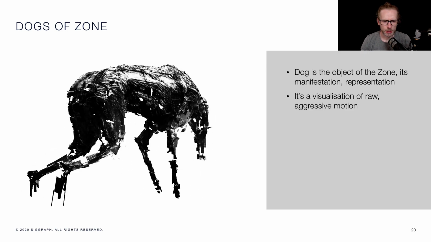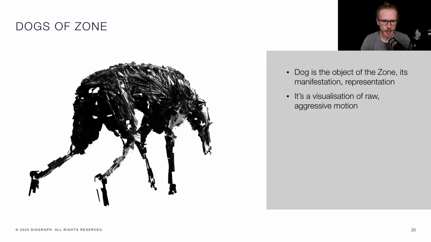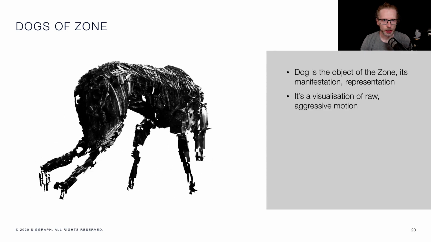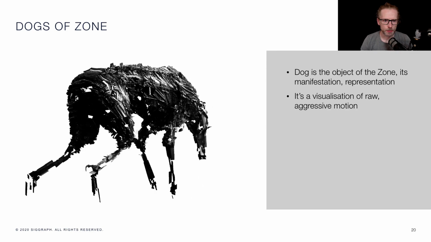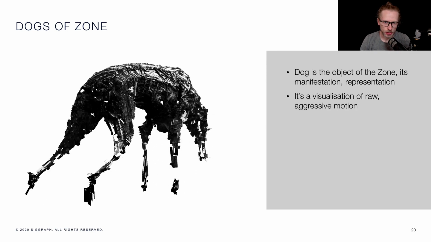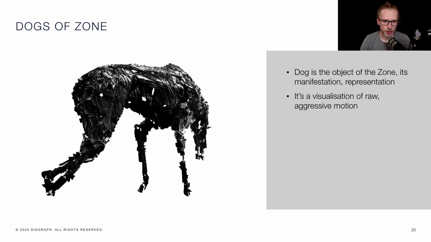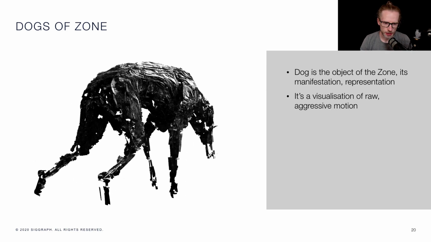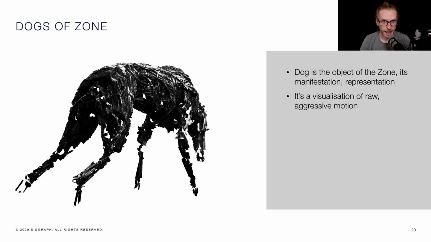For me, the dog was always an object of the zone, its manifestation and representation. So it's not really an independent entity, it's more just the way the zone manifests itself to you. And in motion, it's also a visualization of the raw and aggressive motion.